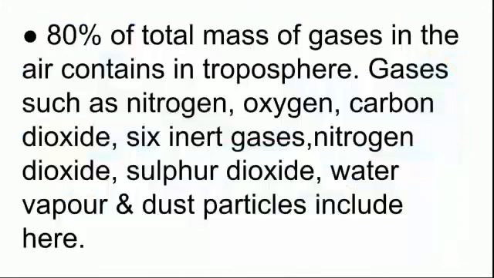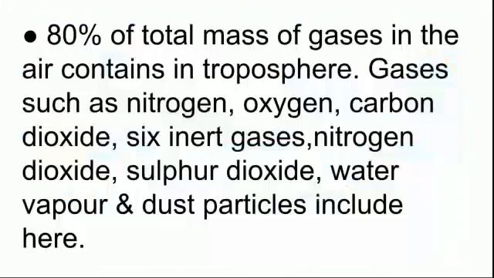The gases are not found in the exosphere and beyond. You can see that air is a mixture of several gases, and this is the chief constituent of Earth's atmosphere. Besides these gases, air also contains water vapor and dust particles.